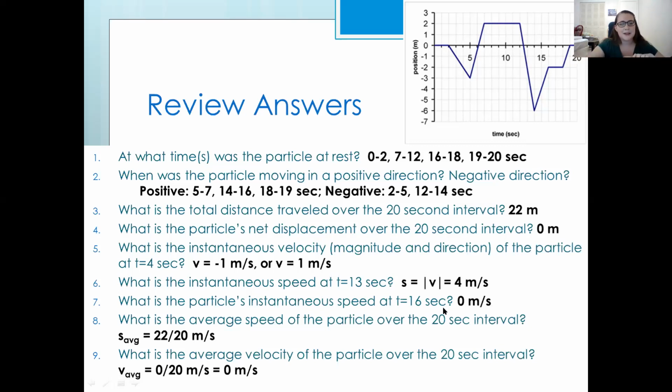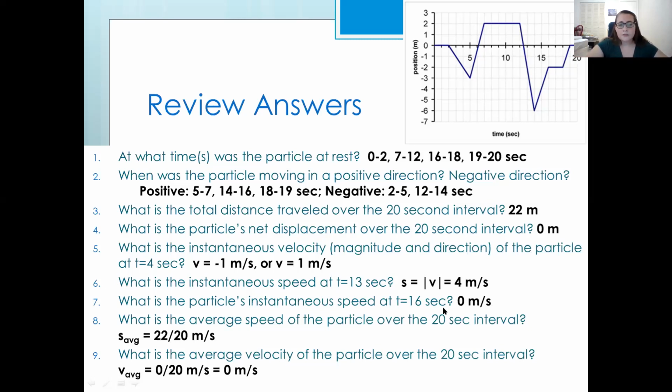Sorry, I skipped ahead in my brain. Average speed is total distance divided by total time. So our total distance from part 3 was 22 meters. We know our total time interval is 20 seconds. So our average speed is 22 over 20. And you can simplify that if you want to, or you could leave it like that.